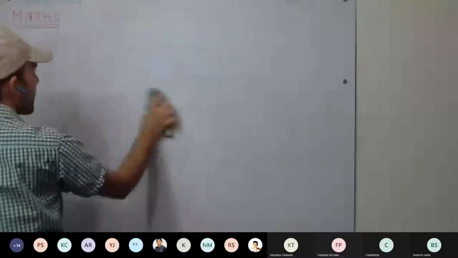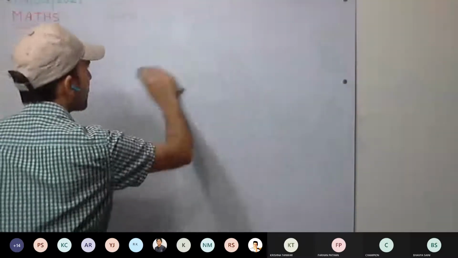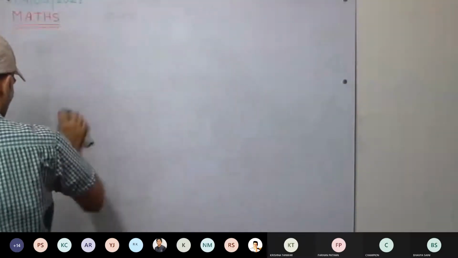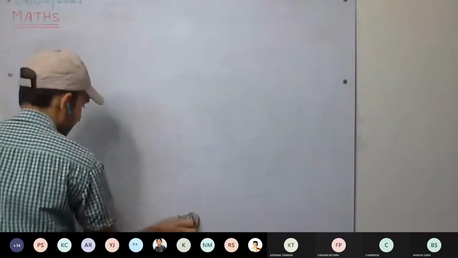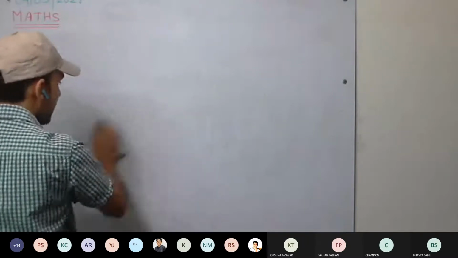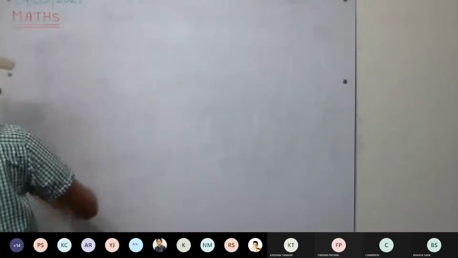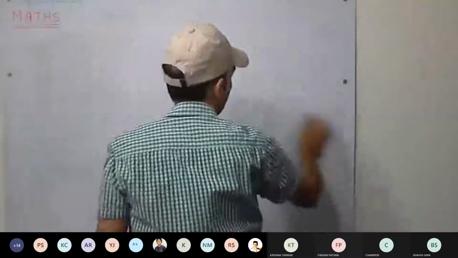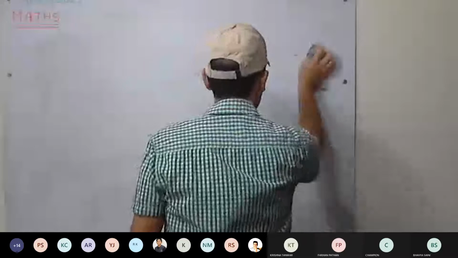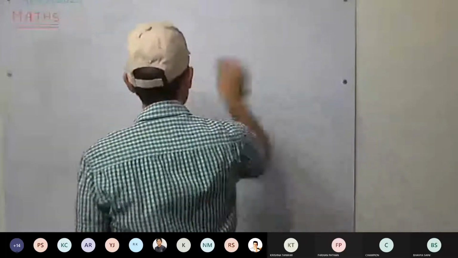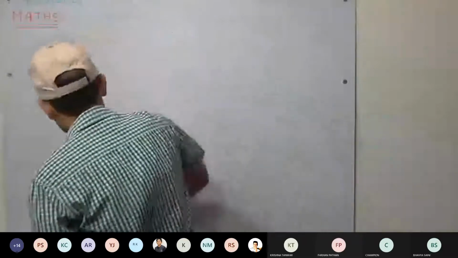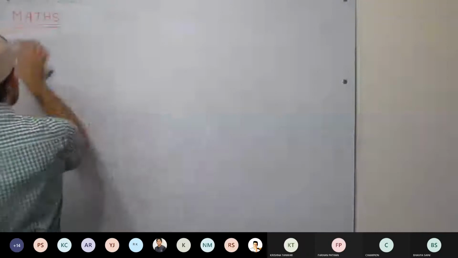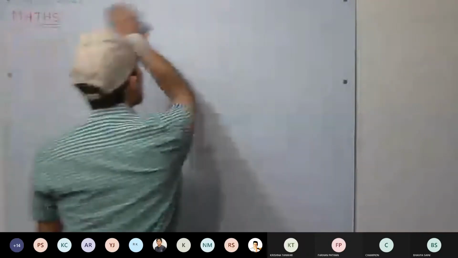So what is given? Highest term power. What is the power of this equation? The term having the highest power. What is the degree of this equation? It's 2, the square.